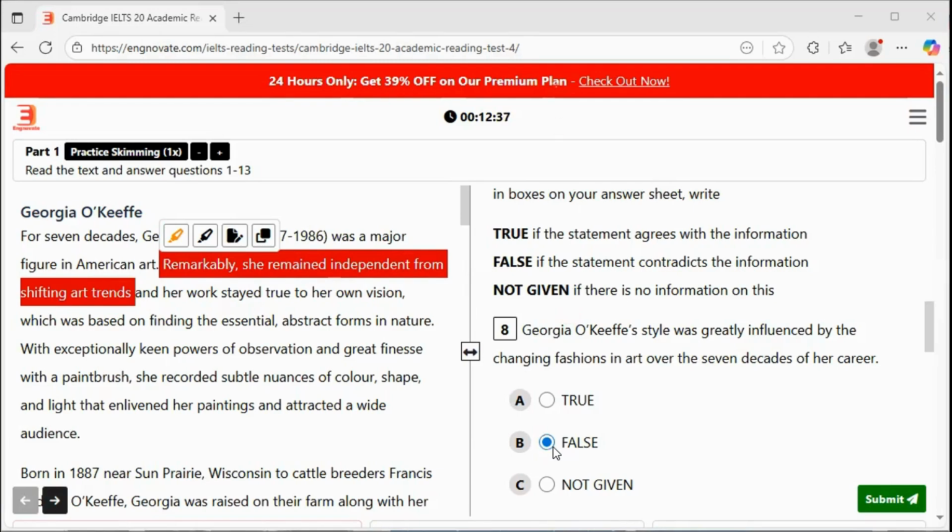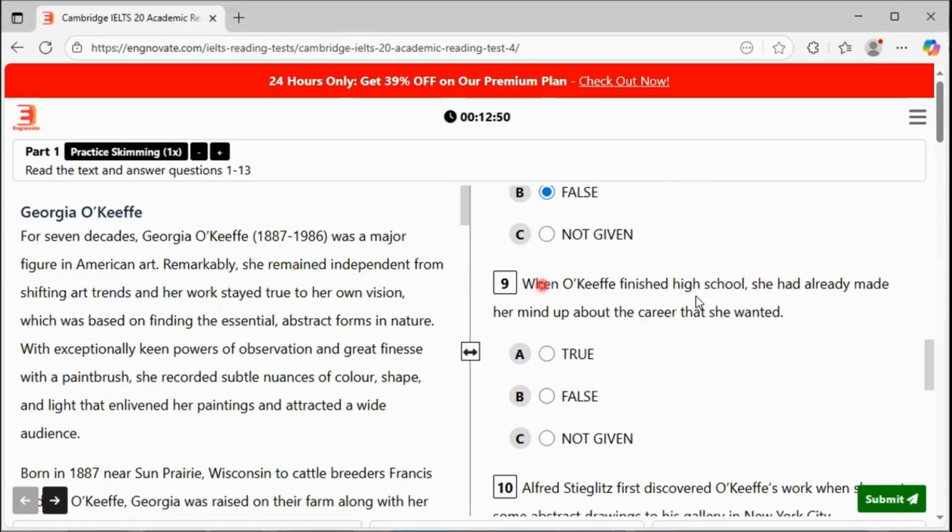So I'm going to pick what? False. She was not greatly influenced. She remained independent. Okay? She stayed true to her vision. Okay? Now let's go to the next question. Number 9. When O'Keeffe finished high school, she had already made her mind up about the career she wanted. She already made up her mind. So let's see, did she make up her mind?